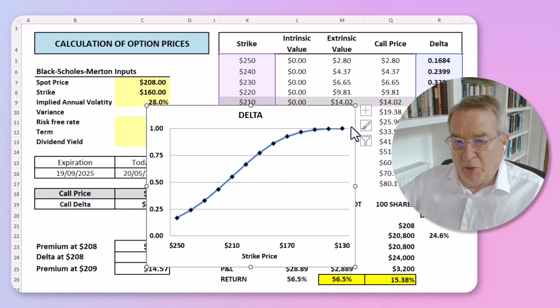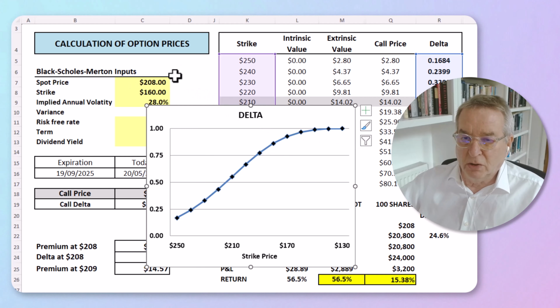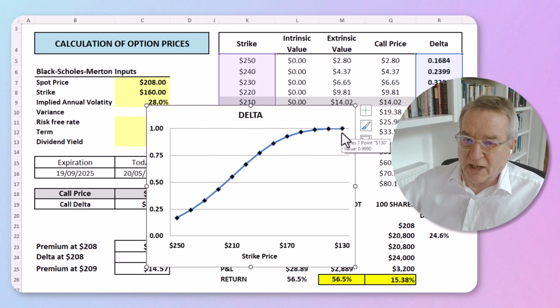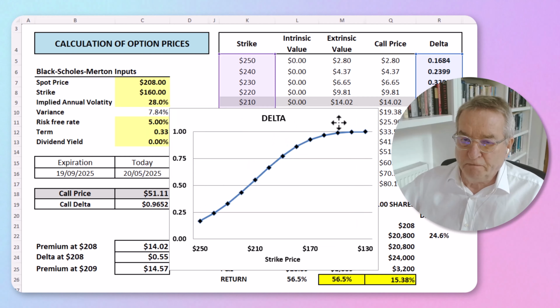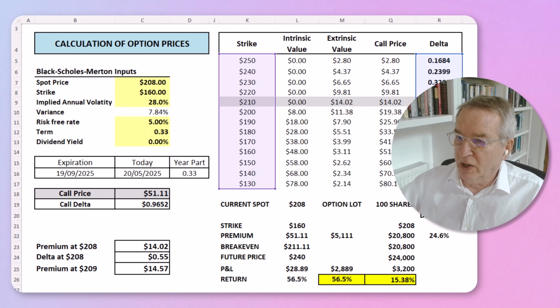The point being here that as you're deeply in the money, when you change the spot price by $1, it almost translates into a dollar move exactly in terms of the price of the option, the premium on the option. And this is why deep in the money options, call options in this case, are described as delta 1 products. I shall move this back out of the way for now.